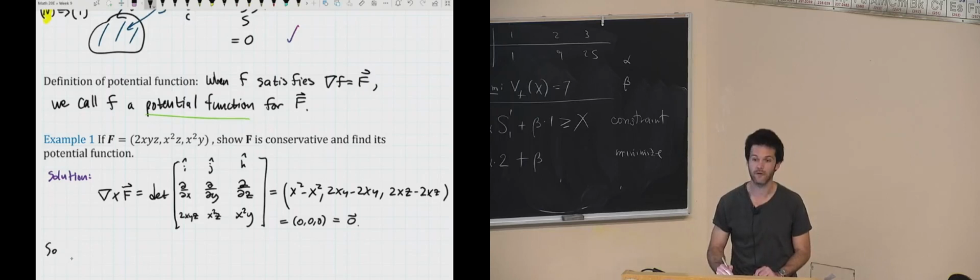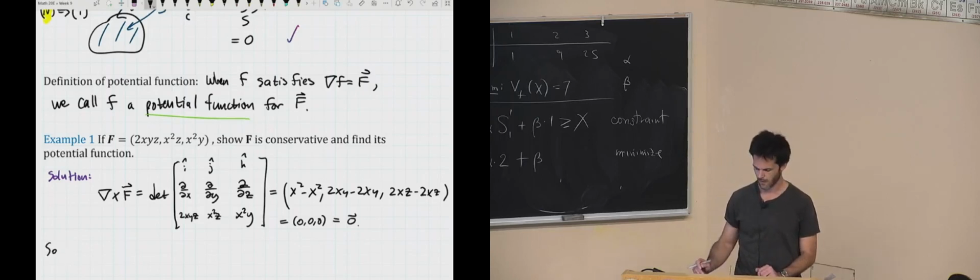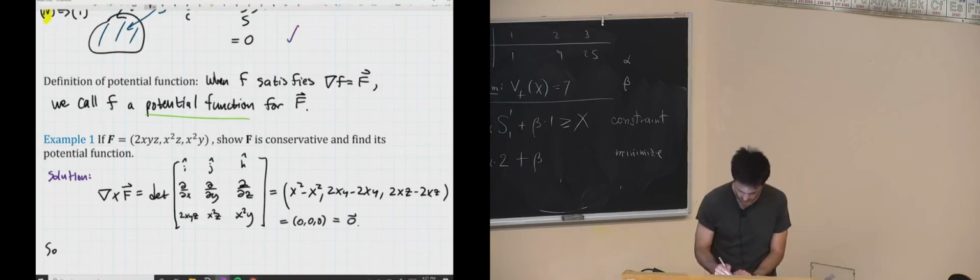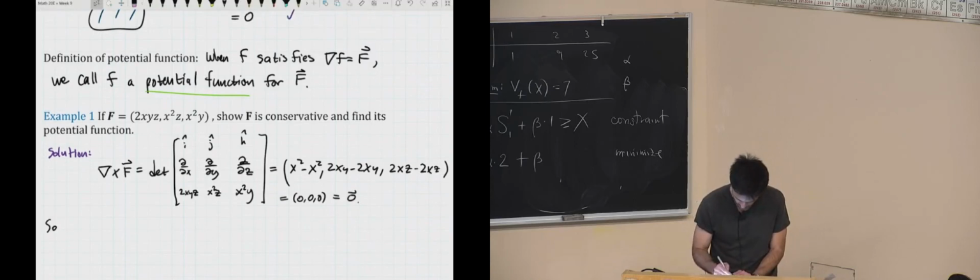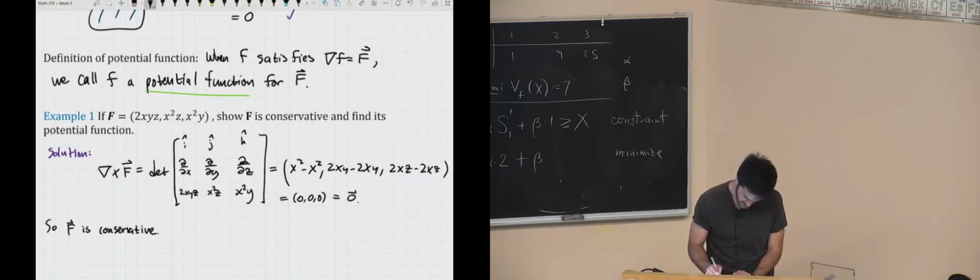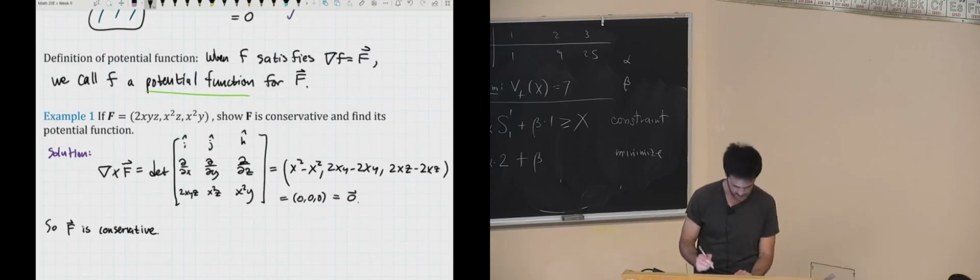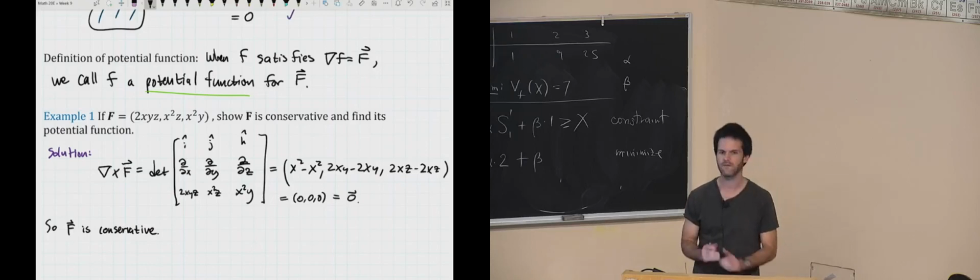So our new theorem says that f is conservative. Oh, is it C1? Yes, it is definitely C1 everywhere. So f is conservative. How do we find its potential, though?